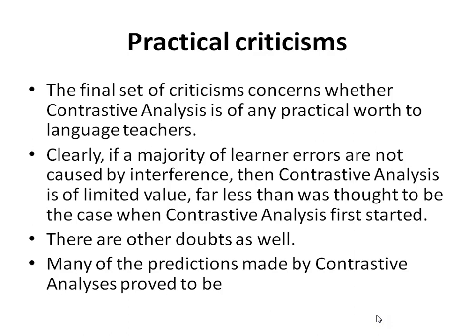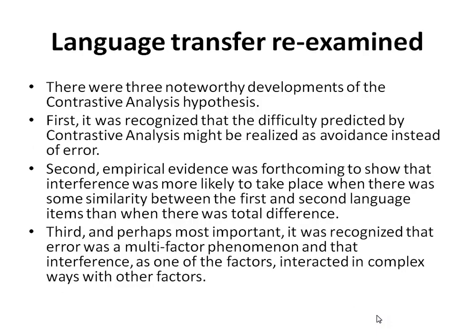And many of the predictions made by the contrastive analysis proved to be not practical, not real actually. And there is another portion, that is, we have also said the language transfer. Here we said that it was recognized that difficulty predicted by the contrastive analysis might be analyzed as avoidance instead of errors.